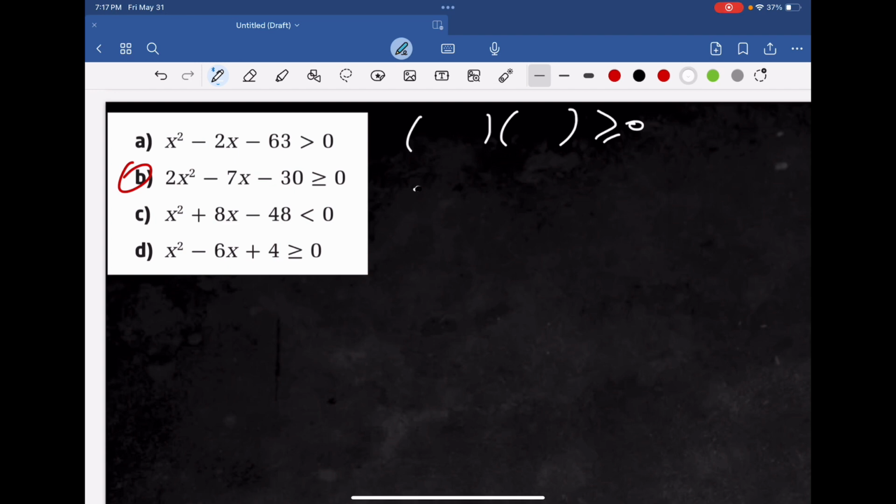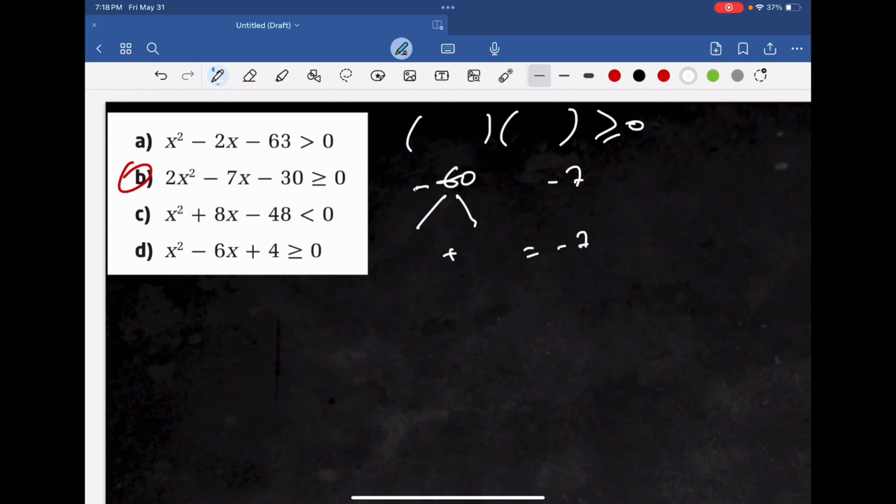Because we have minus 30 here and we have 2 here, we should look for two numbers that multiply to minus 60 and add to minus 7.